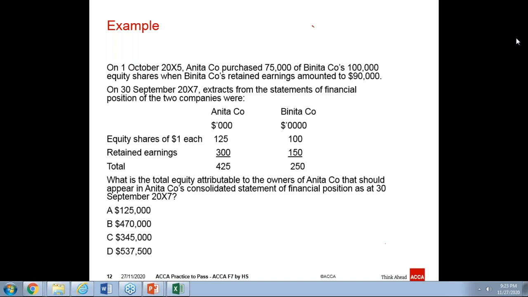So the right answer for this is B. B is the right answer. So I'm moving forward. Does anybody want some explanation?